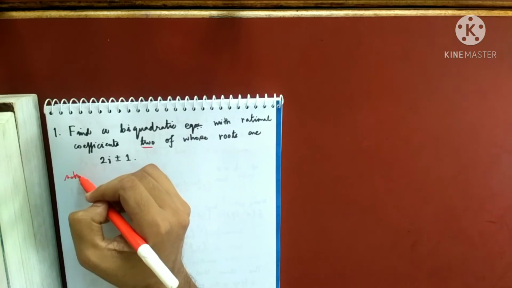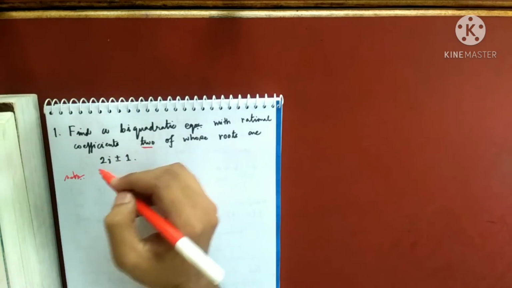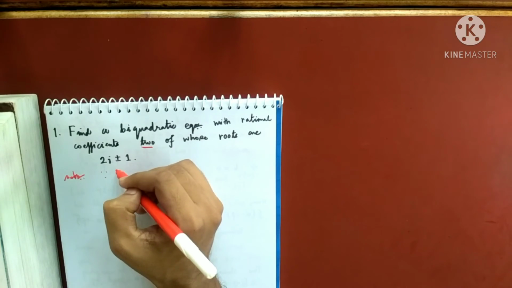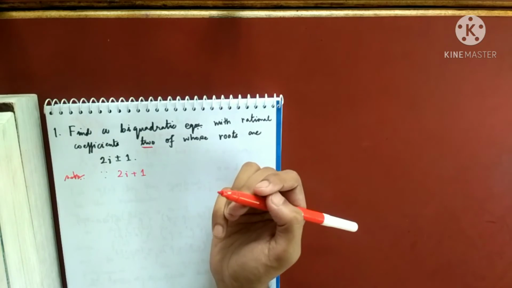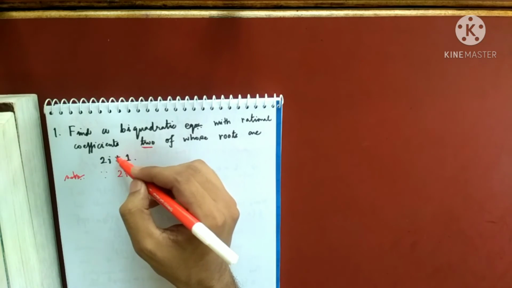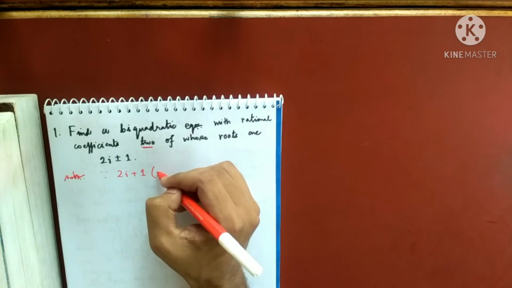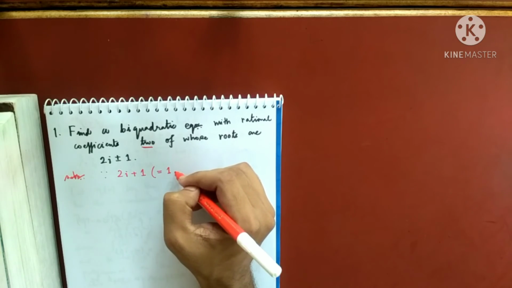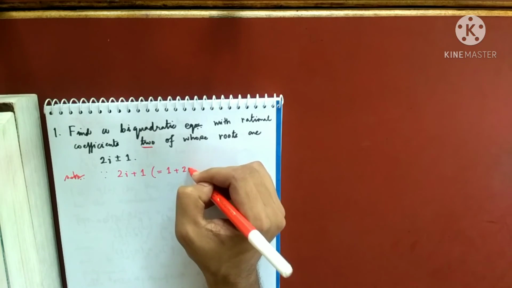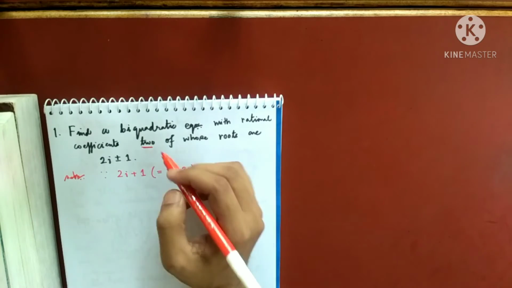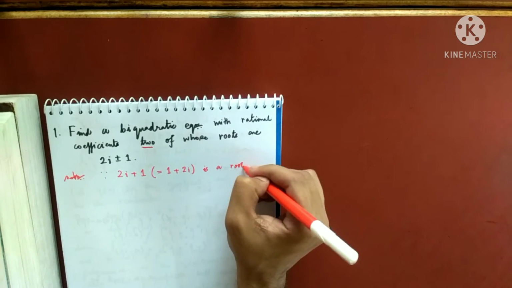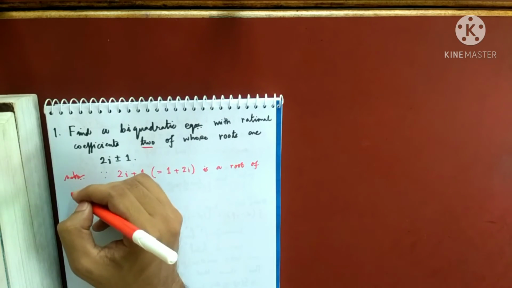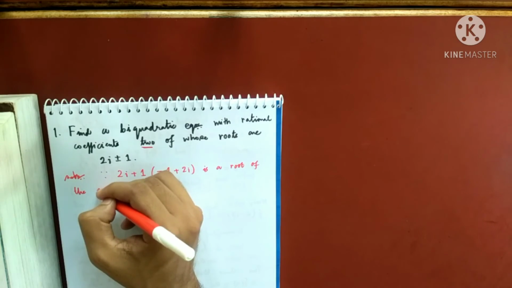So remember, by the previous theorem, since 2i plus 1, I'm just taking the plus 1 first, is the same as writing 1 plus 2i, I'll write it in the standard form of a complex number a plus ib. This is a root of the equation.